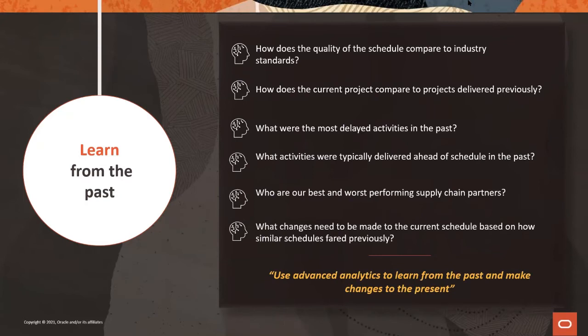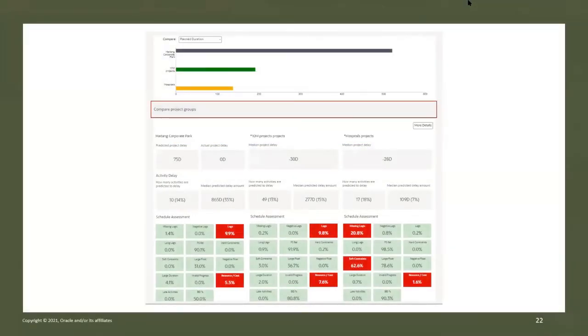Now, this is AI, this is machine learning, but the simple idea of using historical data to learn from the past and make changes to the present is quite powerful, because that will help you uncover a lot of things. Some examples here might be, you create a project group where you say, I'm going to create a project group of my best performing projects and my worst performing projects.